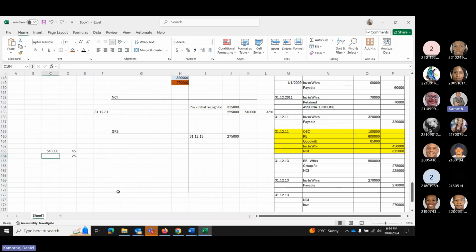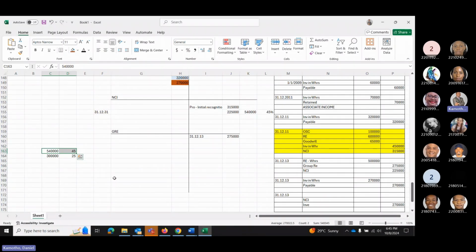So we can get the 540 divided by 45, then multiply by 25. Basically, 540 represents the net asset of 45%.